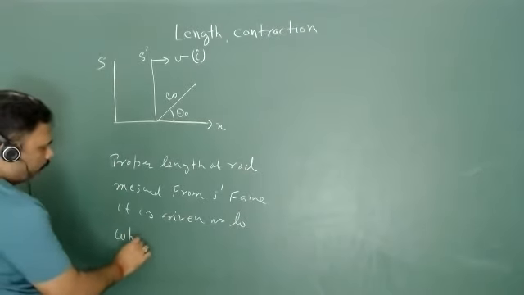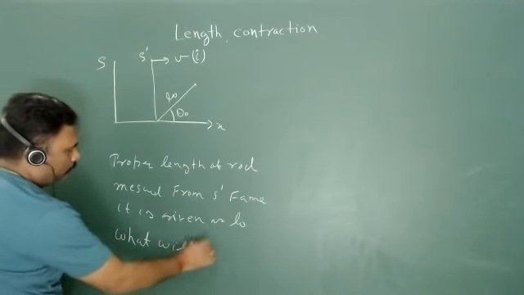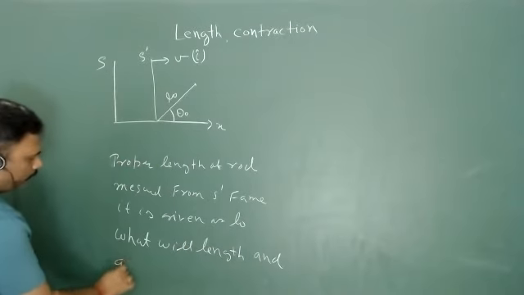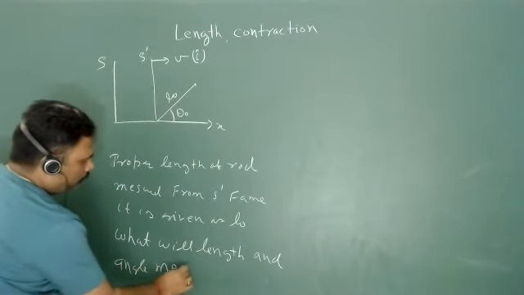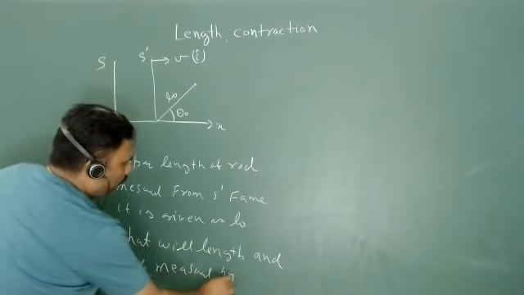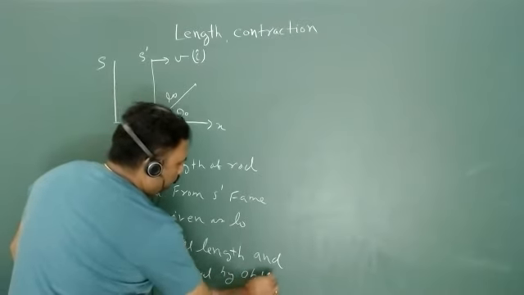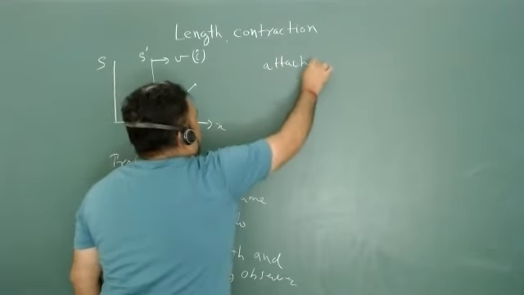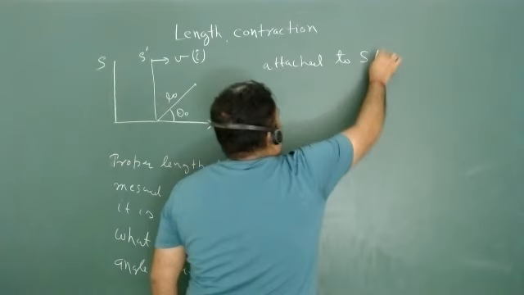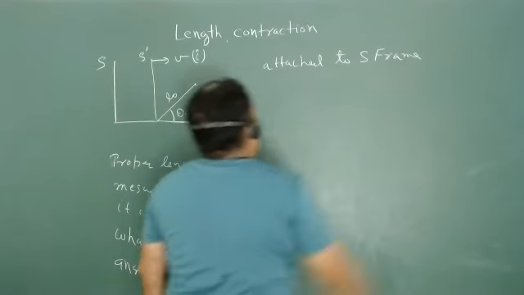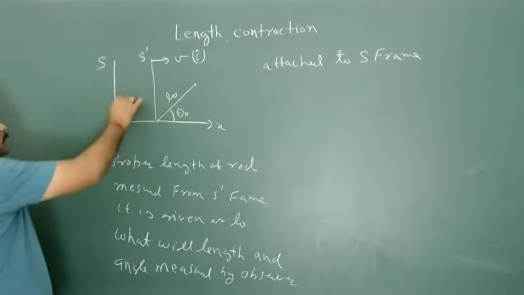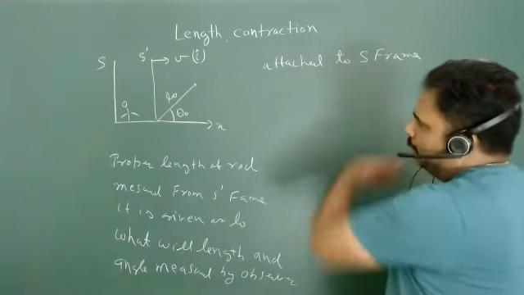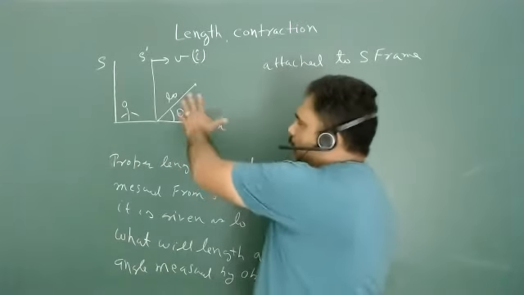What will be the length and angle measured by an observer attached to S frame? If the observer is attached to S frame, then what will happen? The whole length appears to move towards the right side. So how will we work this out?